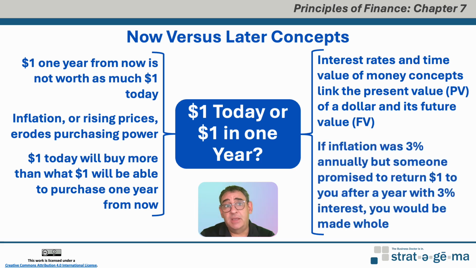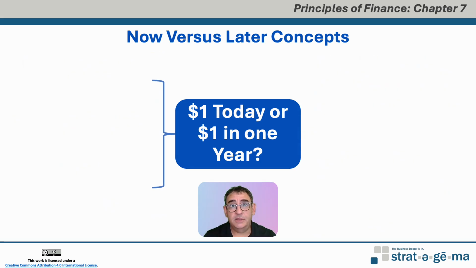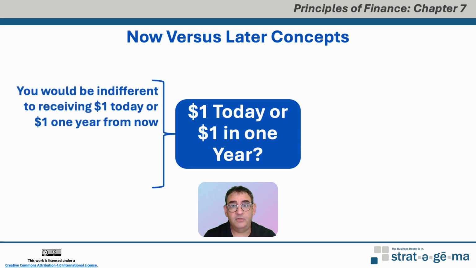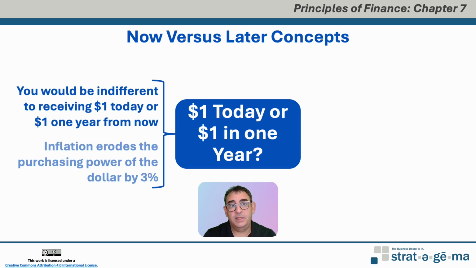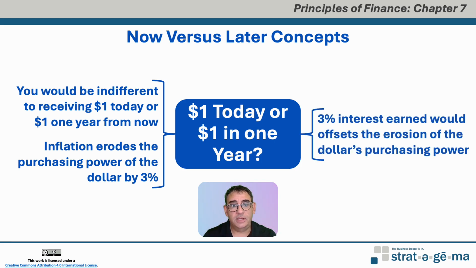So for example, if inflation was 3% annually, but someone promised to return $1 to you after a year with 3% interest, you'd be made whole. So this means that you'd be indifferent to receiving the $1 today versus $1 a year from now, because even though inflation erodes the purchasing power of the dollar by 3%, the 3% interest that you would earn on the investment would offset the erosion.